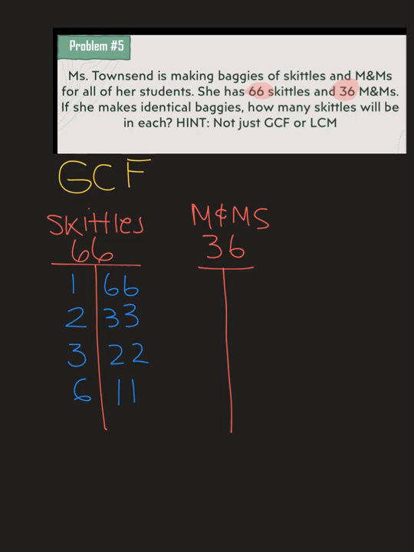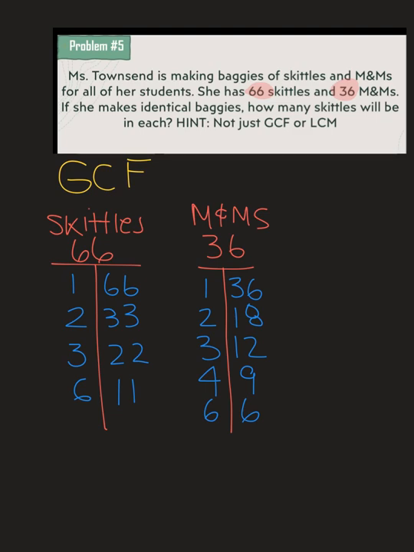And now our factors for 36: 1 and 36, 2 and 18, 3 and 12, 4 times 9, and last but not least, 6 times 6.